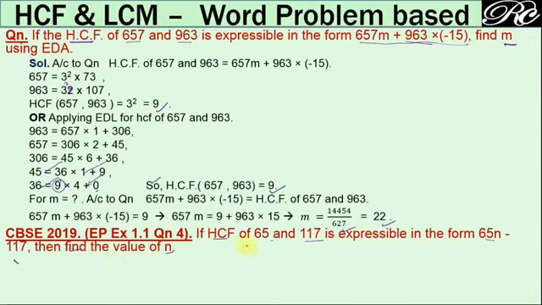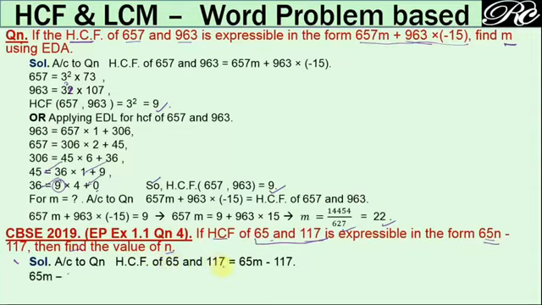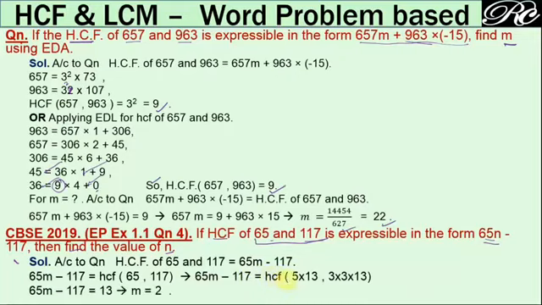So first we have to find the HCF of 65 and 117. Then we have to equate that HCF with the given expression to find the value of n. The HCF of 65 and 117 is 13.